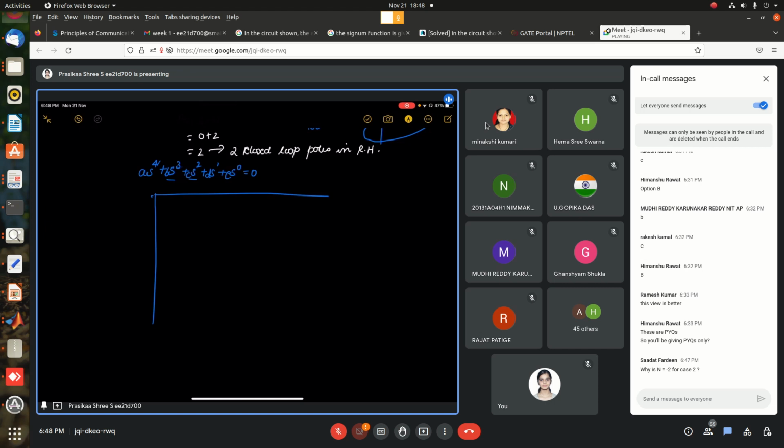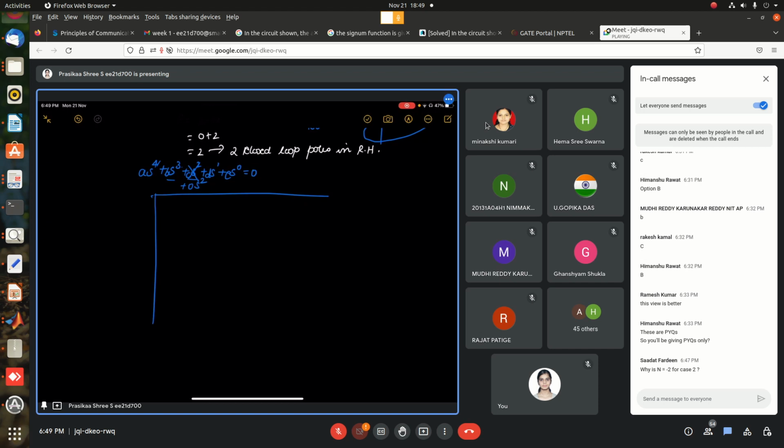The powers should be continuous, in decremental order: 4, 3, 2, 1, 0. All the s terms in decrementing order of power should be present. If s square is not present, then you should write it as 0 s square.